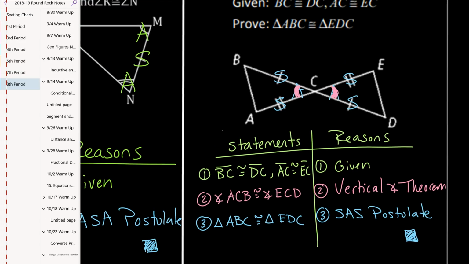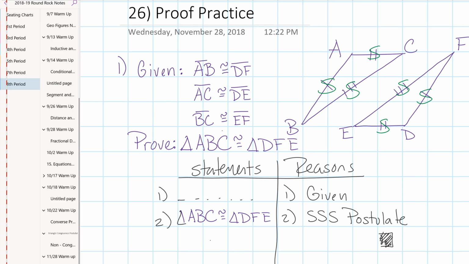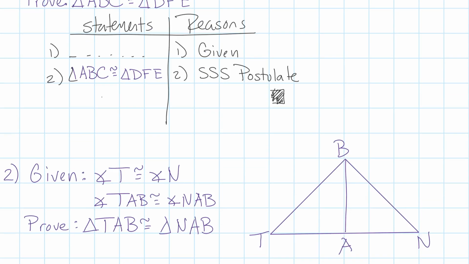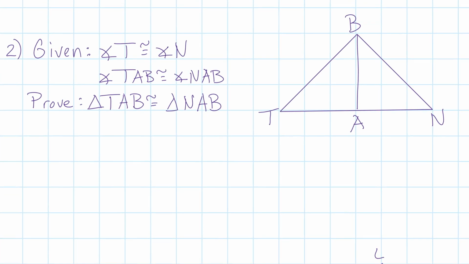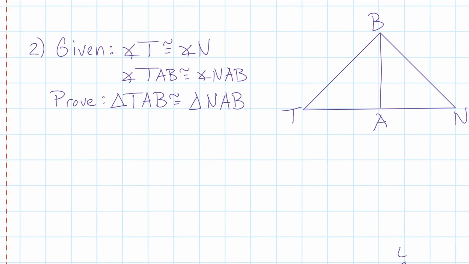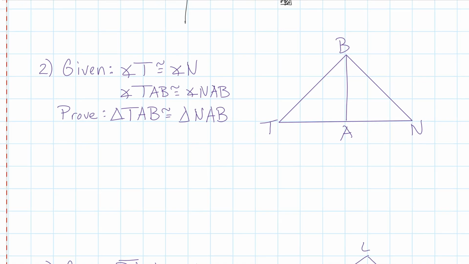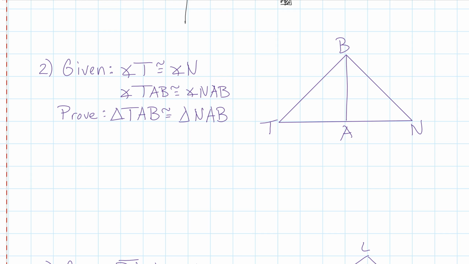So copy down this number 2, and solve number 2. Write the proof for number 2. So first thing was what? Good. Mark the parts congruent that it tells you in the given. So angle T is congruent to angle N.